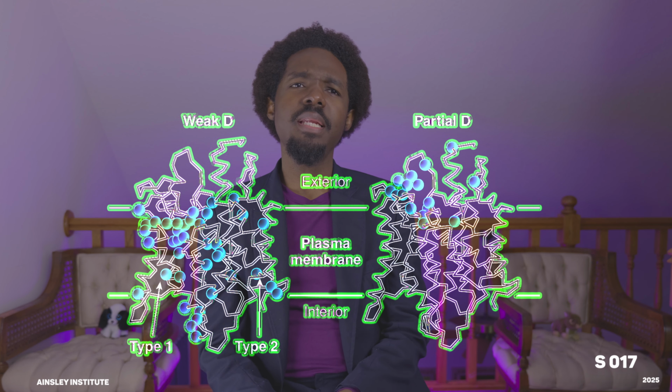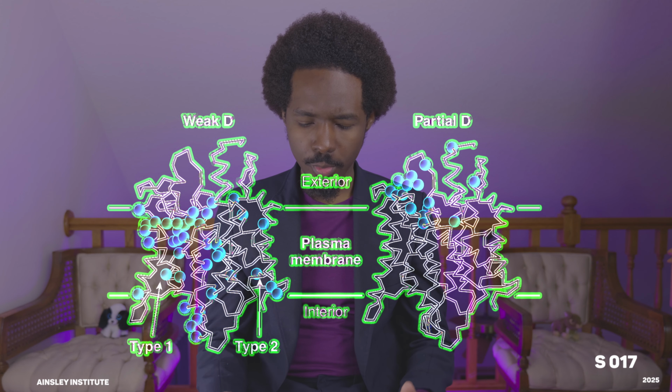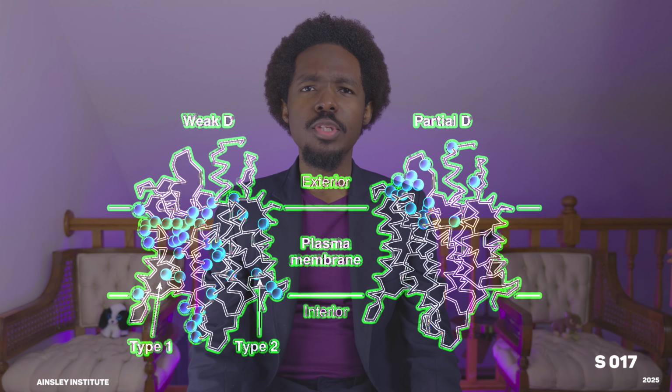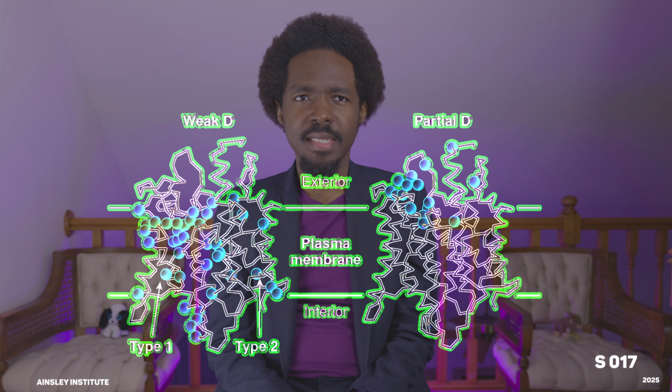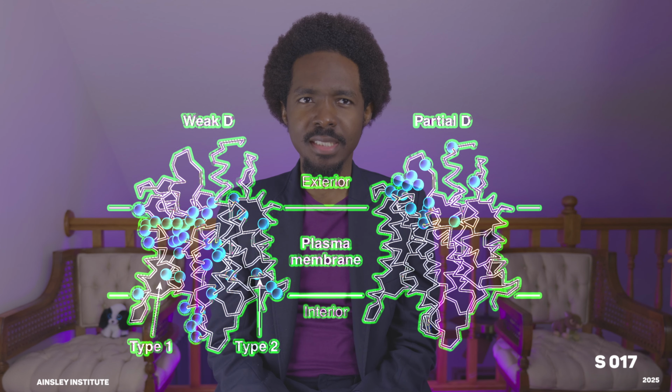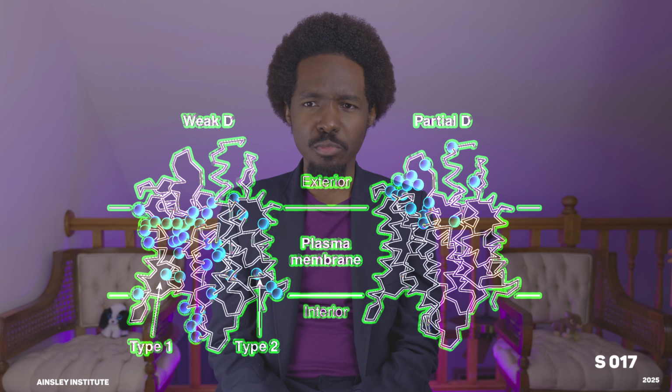Now, for many years, the generic term weak D was used to identify individuals whose D was not detected or was not detectable at the immediate spin, without defining the nature of the weakened expression. Now, it is known that weak D can arise from several mechanisms. Yes, you heard that correctly.